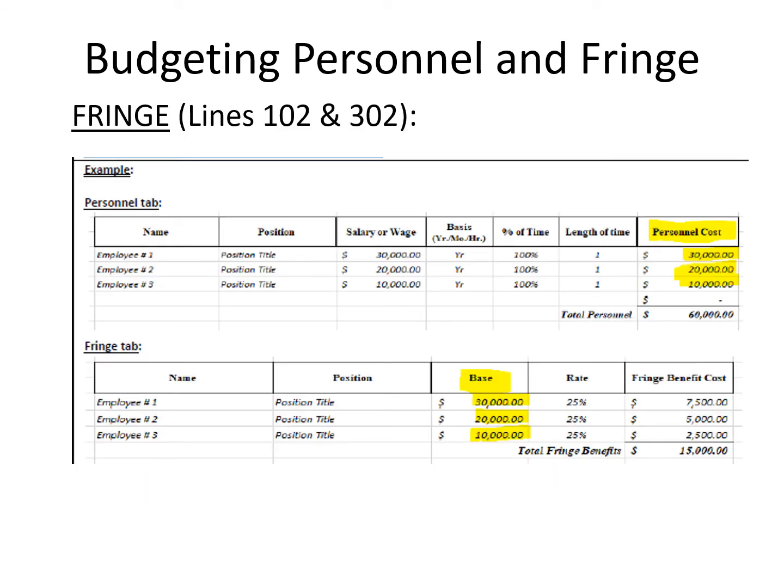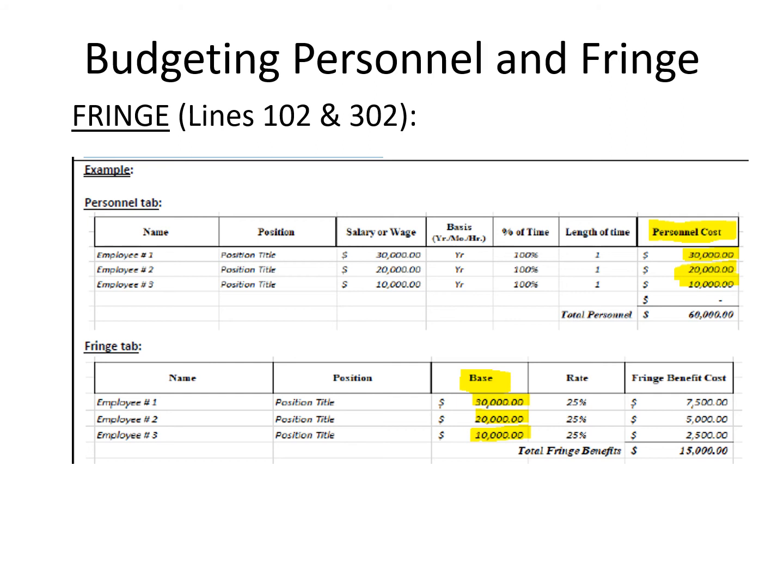This slide provides an example of how the detailed cost grid should be completed for the fringe tab. In the recommended approach that we've provided of using a uniform average fringe rate for all employees, you would take the personnel cost, which is the final column calculated on the personnel tab, and carry it down to the base column on the fringe tab to apply the uniform average rate that you've calculated.